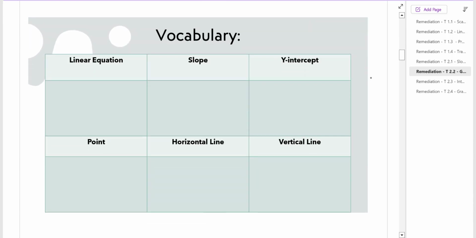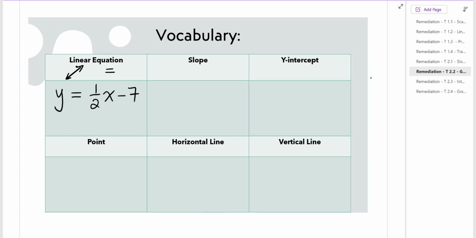First, we're going to do vocab. So a linear equation means that we have a line, and then an equation always has an equal sign. So I will give you an example. Y equals 1/2 x minus 7. That is a linear equation, okay?